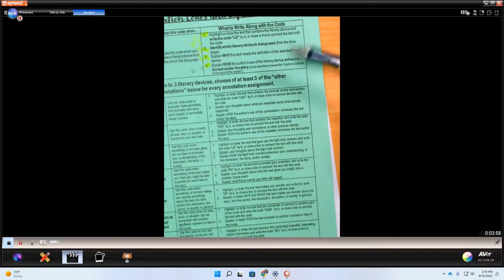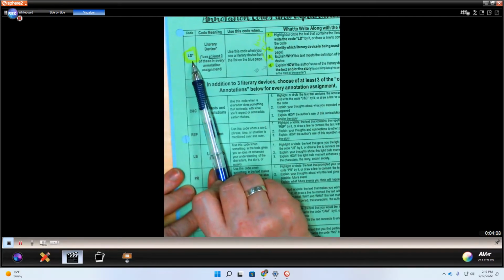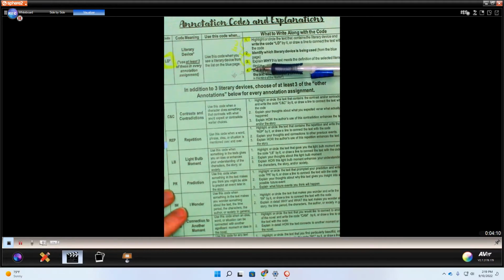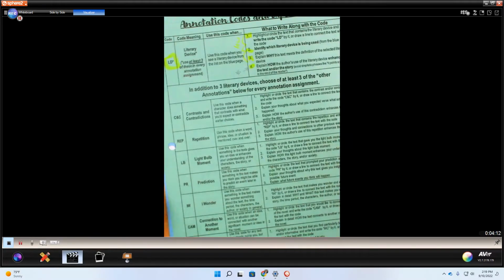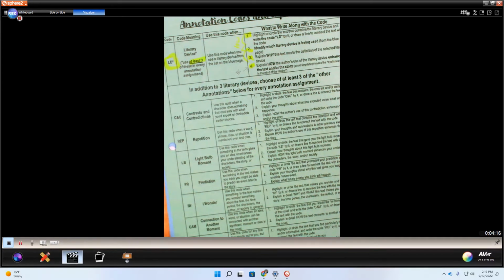And we can't just say things like, it paints a picture in the mind of the reader. That's boring, right? So we need to do this whole process, 1, 2, 3, 4, at least 3 times on the page. You can do more than that. If you're not sure about one of the literary devices you've identified, you can do an extra one just to be sure that you're getting all the credit, but you need at least 3.